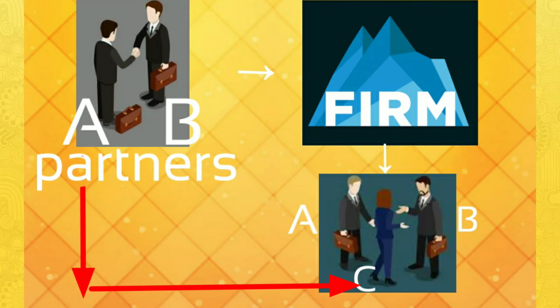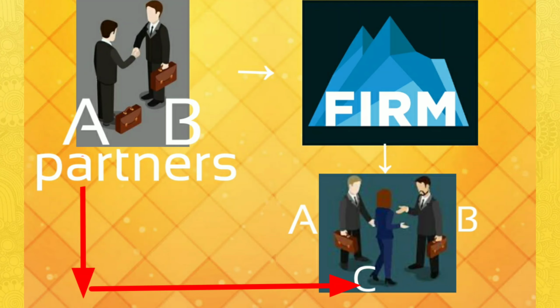But here, if A made a contract with C and has not taken the concurrence of the other partner, the purchaser or the lessee can compel the partner A to take the concurrence of partner B. Why? To validate the title.